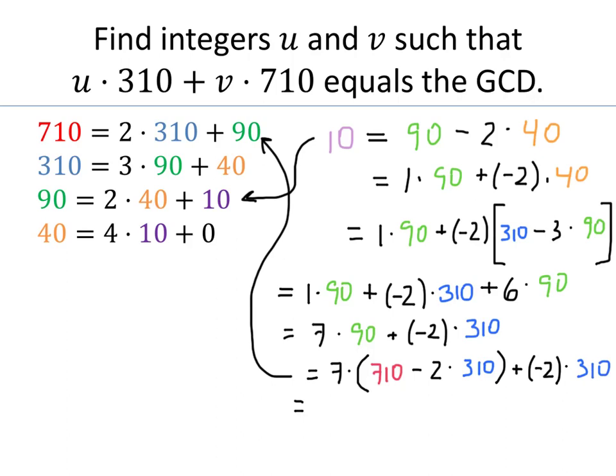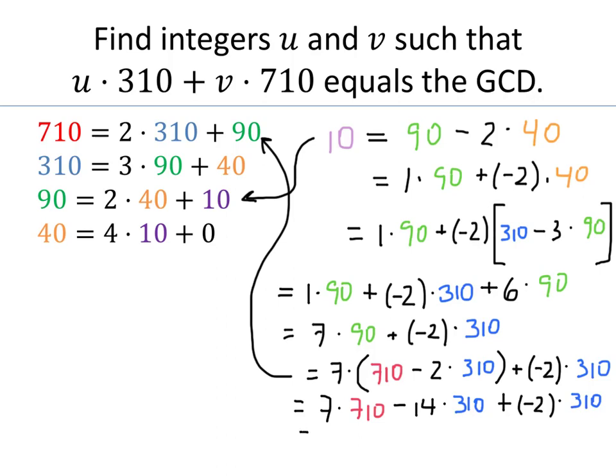So when I distribute this, I get 7 times 710 minus 14 times 310 plus negative 2 times 310. And I'm almost done. All I have to do is collect together the 3 tens that I have in 2 different places there.